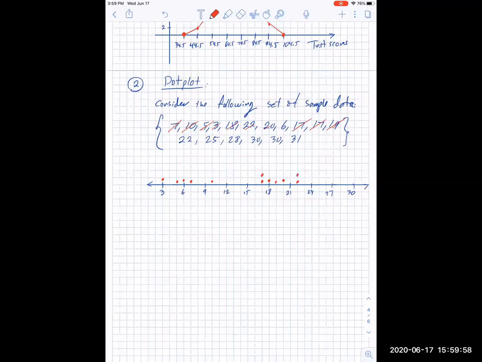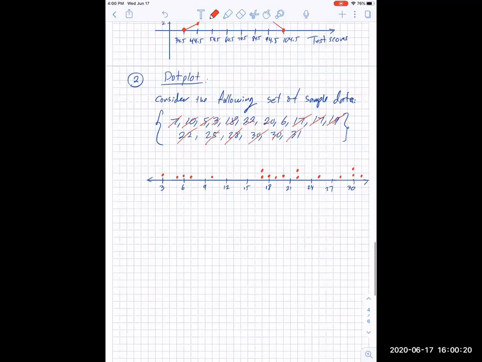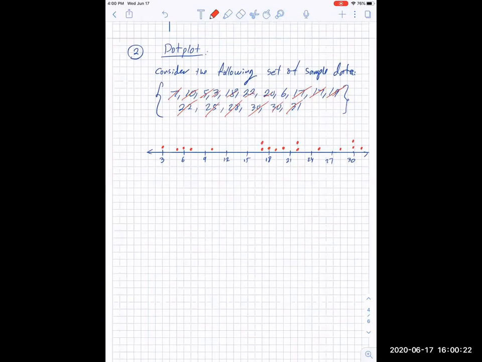These 2 dots on top of each other. 25, 28, 30, 30 again, and 31. You can see this is the dot plot here representing this data.